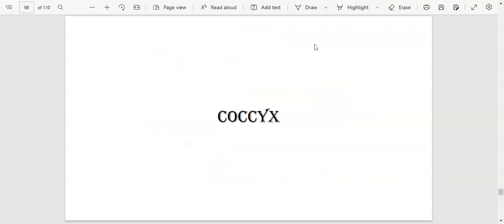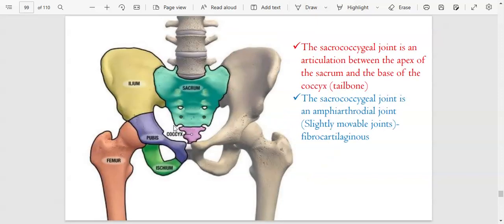And then the last one is the coccyx. The coccyx is the one which is found at the very bottom. The coccyx is connected to the sacrum through a sacrococcygeal joint. A sacrococcygeal joint is an articulation between the apex of the sacrum and the base of the coccyx.